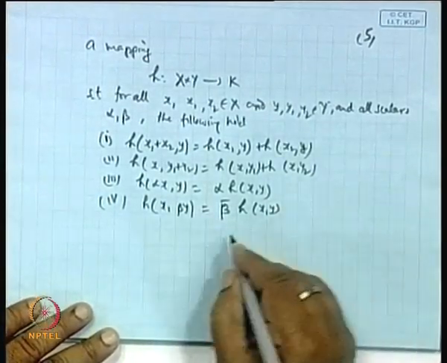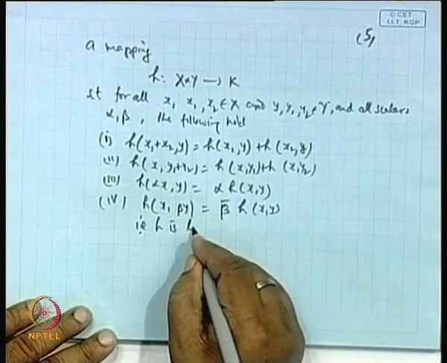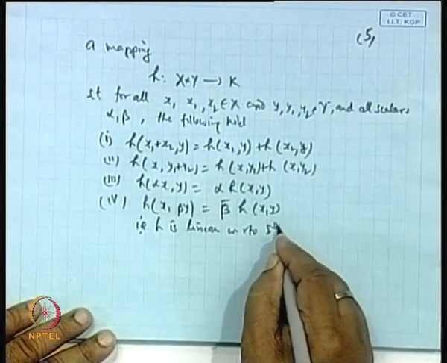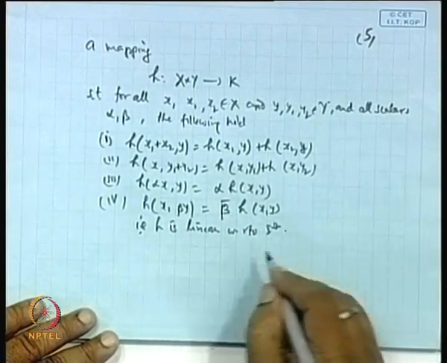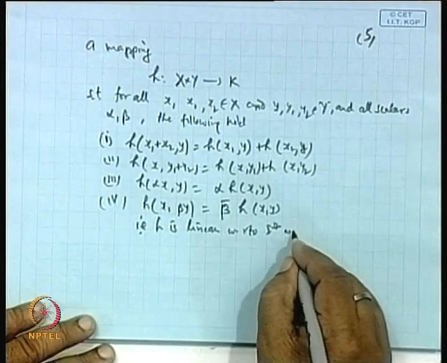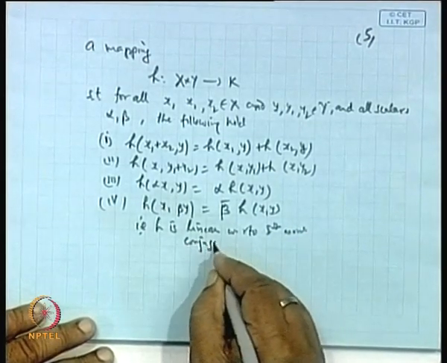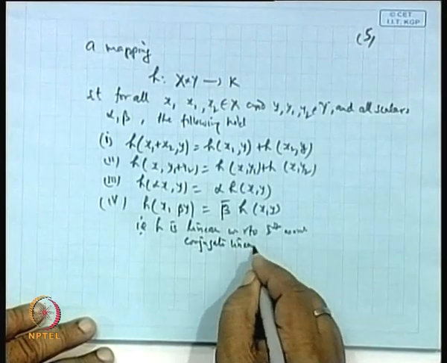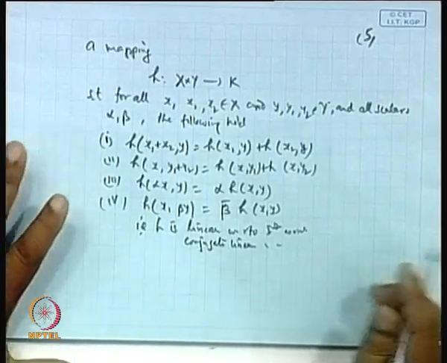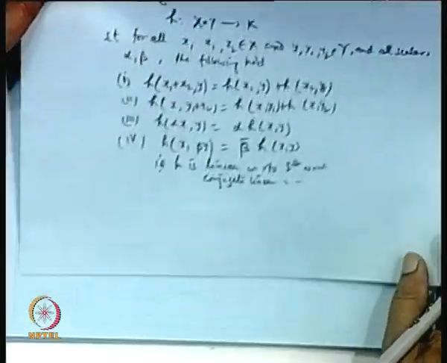It means H is linear with respect to the first coordinate, the first argument, and conjugate linear with respect to the second coordinate, and it is called the sesquilinear form. And then the norm of H we define in a similar way.